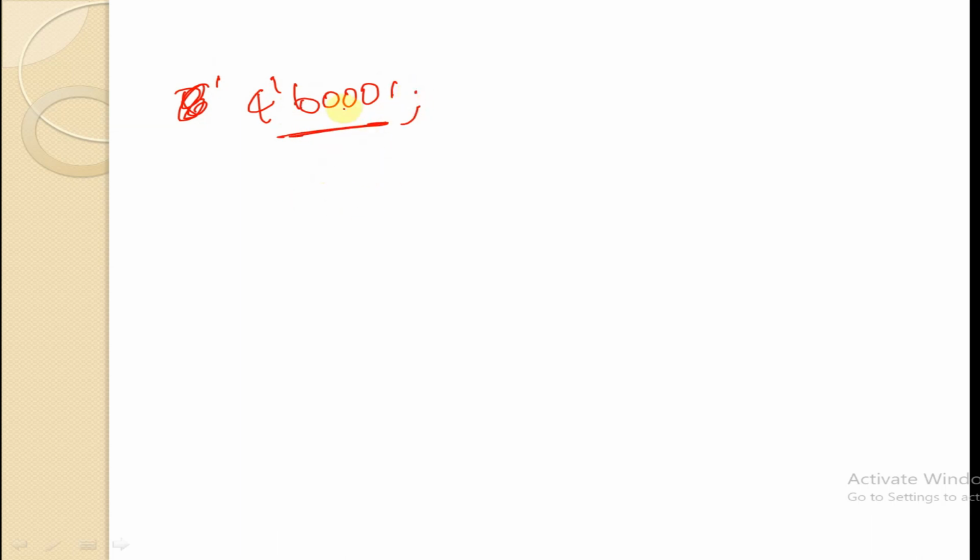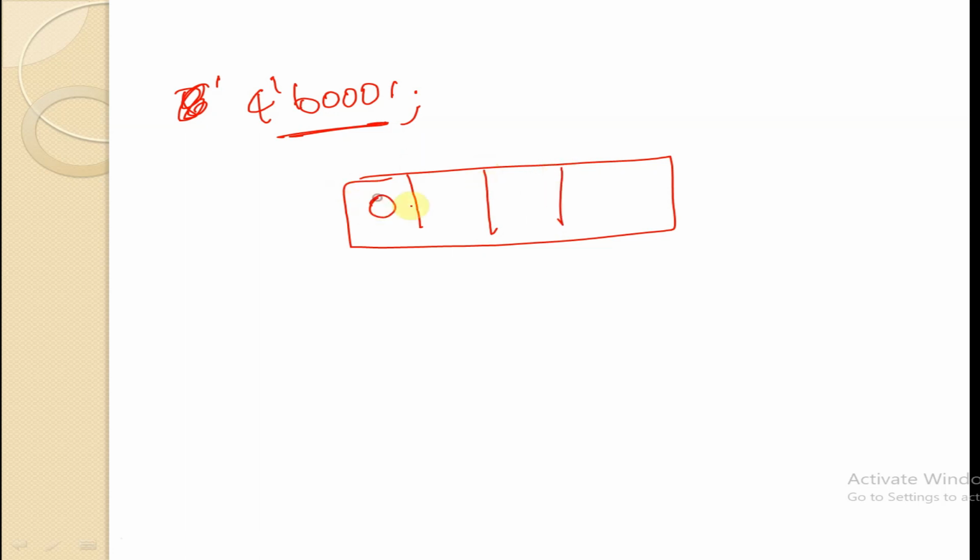This means 4 bits, 1 2 3 4, 0 0 0 1. So here we have 4 bits, and the value is 0001.